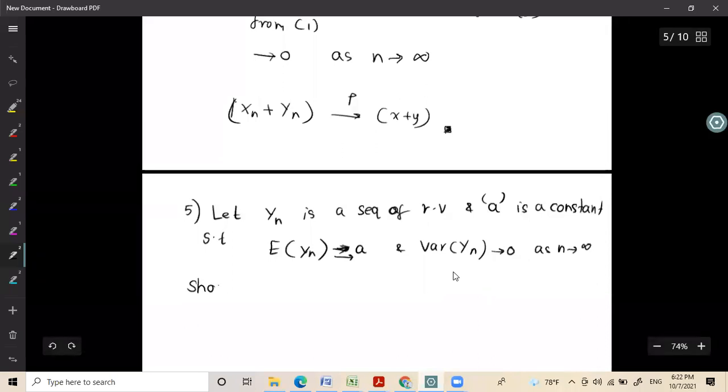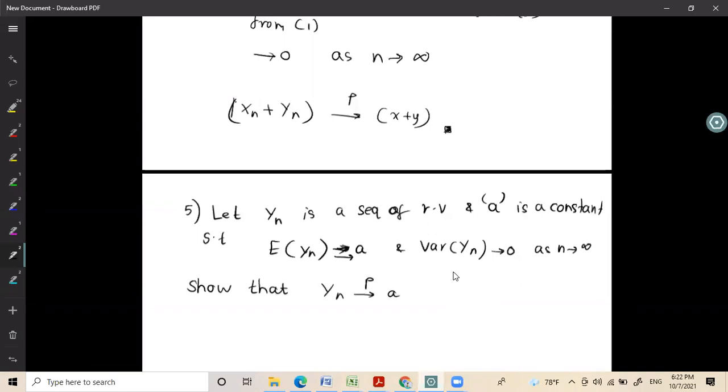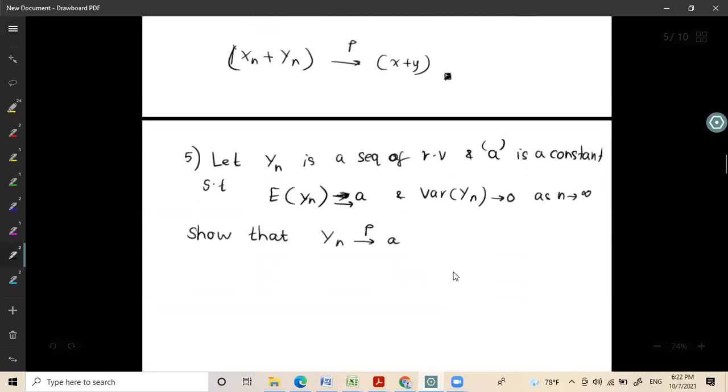You have to show that Yn converges in probability to a as n goes to infinity. So again, we stick with our usual definition.